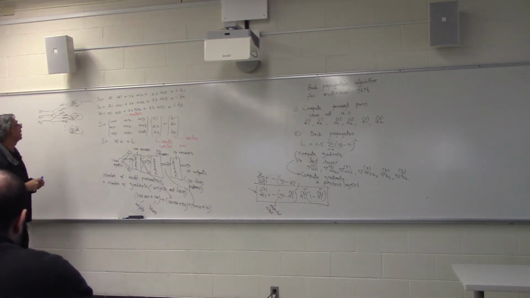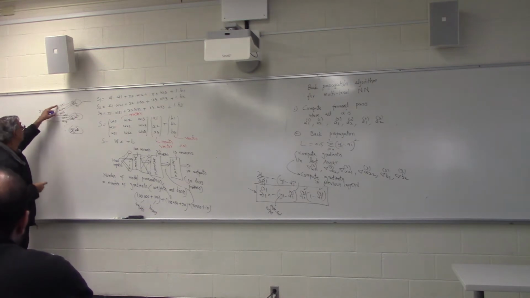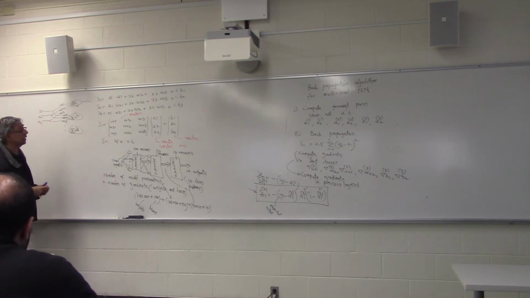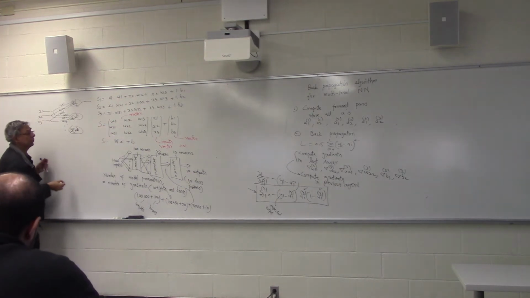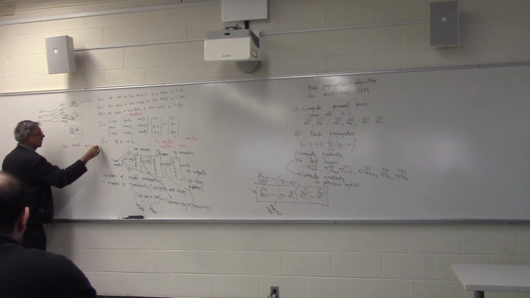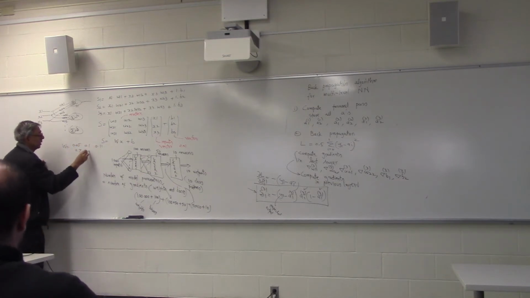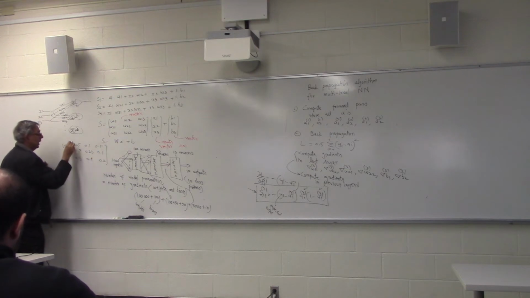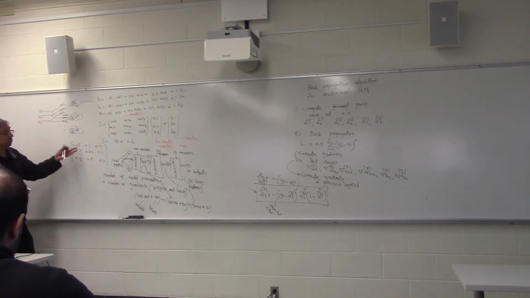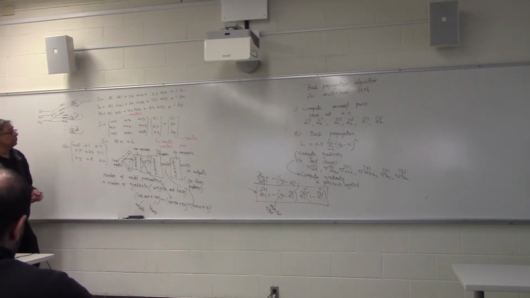So rather than individually computing S1 equal to W11 times X1, W12 times X2, W13 times X3, suppose the weights in this matrix are initialized randomly. So our W matrix, suppose in the beginning appears like this, or at some point in time the W matrix happens to be these values, right?